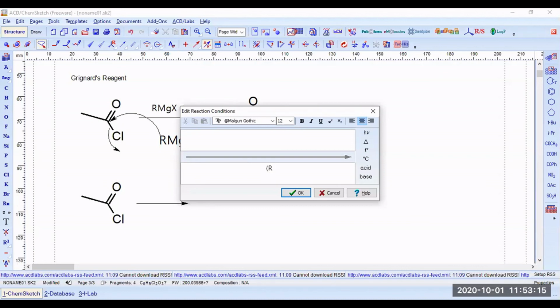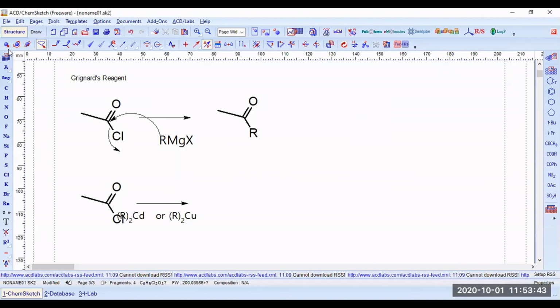That is the reagent which we can use to convert acid halide to ketone.